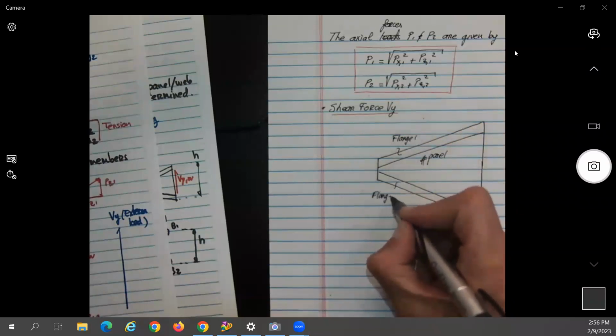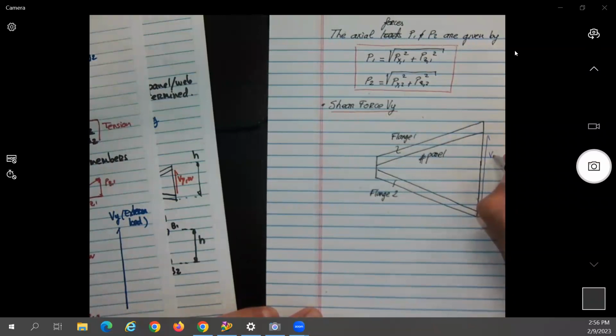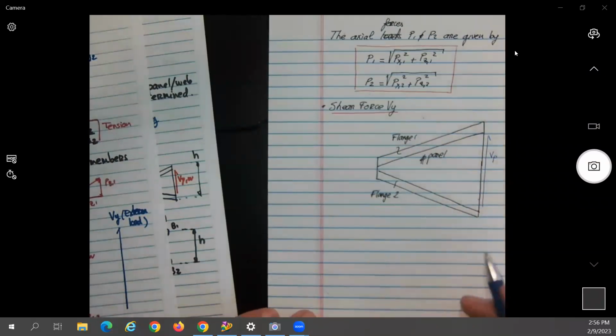Vertical force. Some of the shear can be resisted by what? Let me call it V sub P, which will be resisted by the panel. Correct? Now, if we look at the top, some of it can be resisted by what? In this case, we have P1 going up. We can do up and down, that should not really matter.